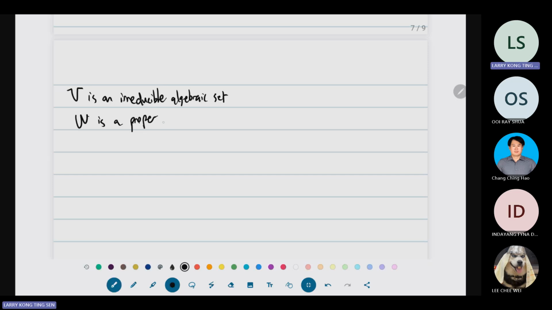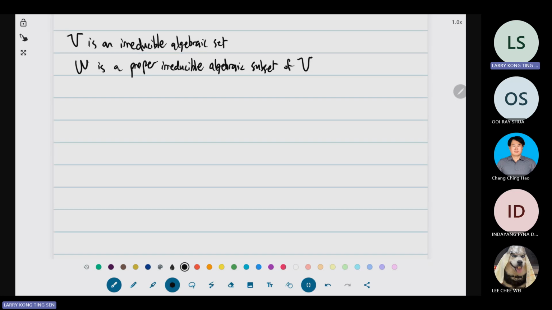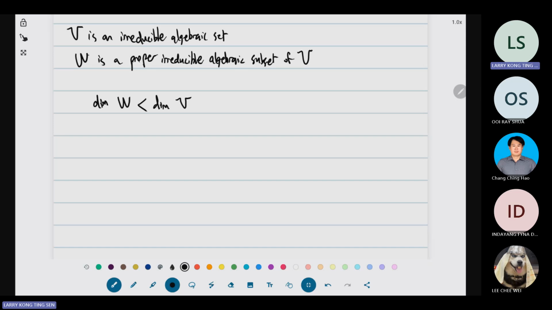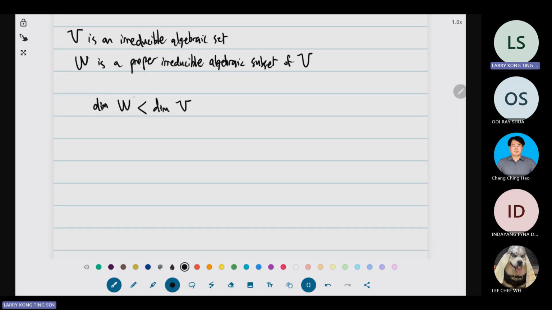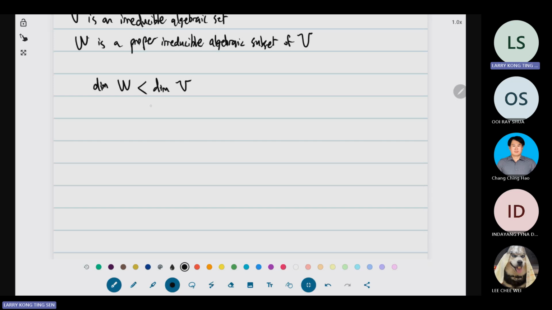Then it's very straightforward to see that the dimension of W is strictly less than the dimension of V. This is because for every chain, say W, W1, W2, and so on, we can always just append V in front.